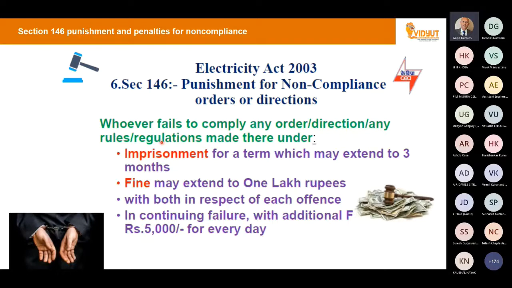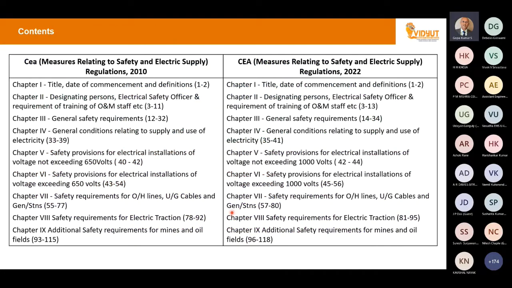That means, in case of negligence of the electricity distribution company, technically speaking, the officers of the electricity distribution company, not the lineman or the junior people, the management, these penalties actually have to be put on them. We will explain it later.